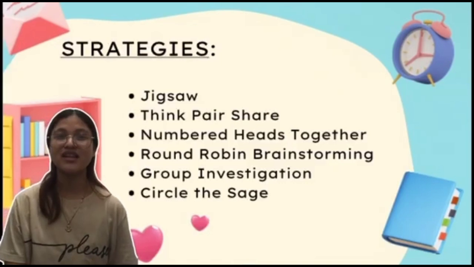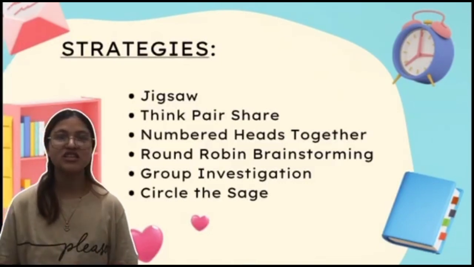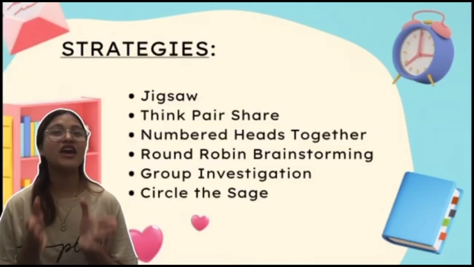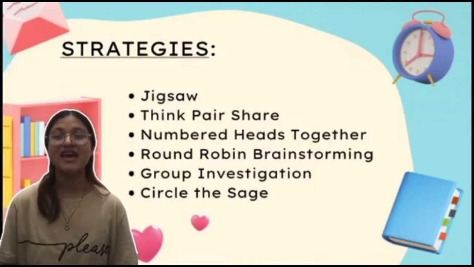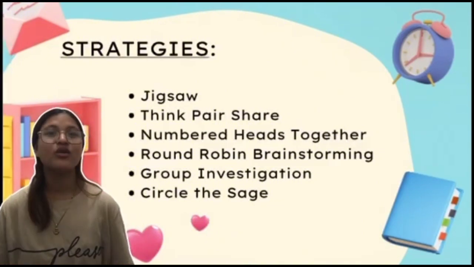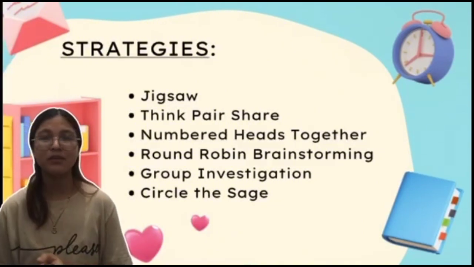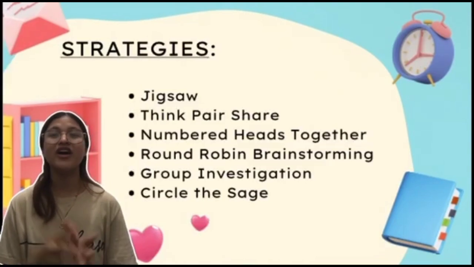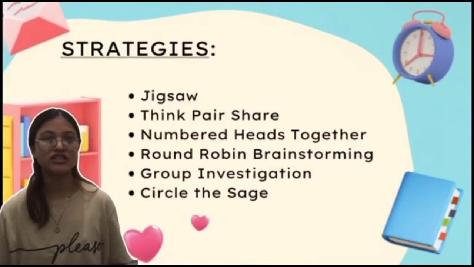Then the last one is circle the sage. It is a strategy that encourages student engagement and peer teaching. In this method, one student, the sage, who is knowledgeable about the topic, will sit in the center of the circle, while the others form an outer circle.